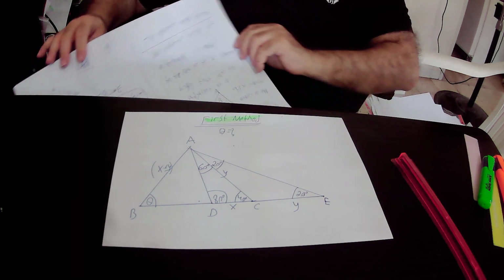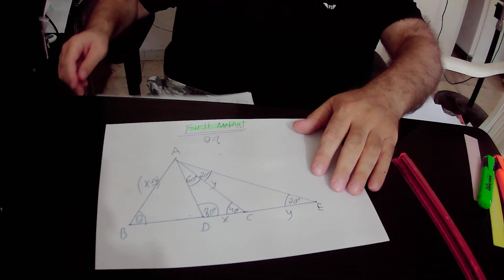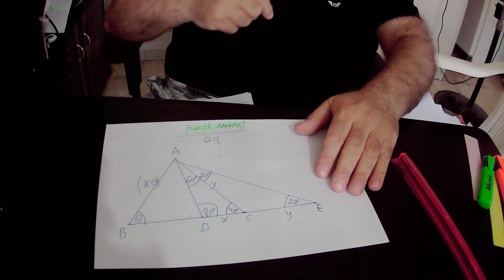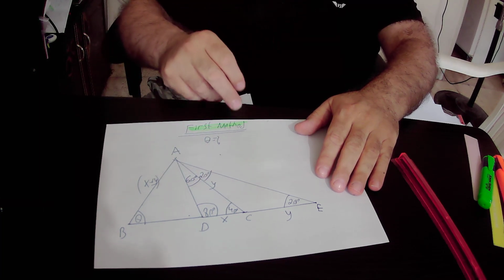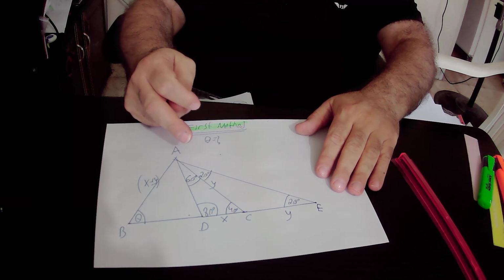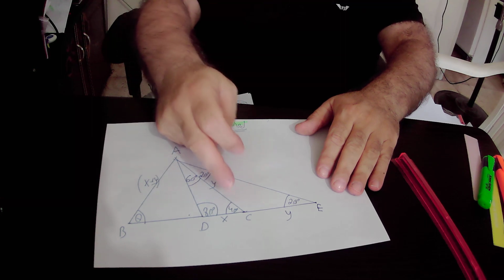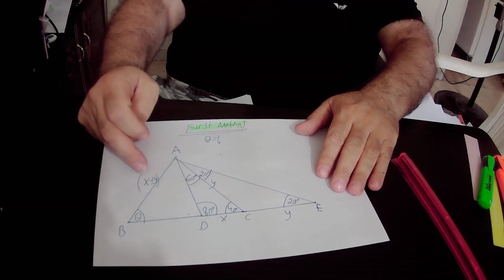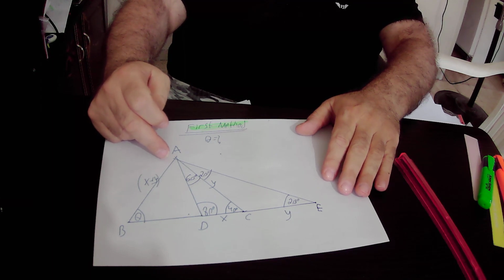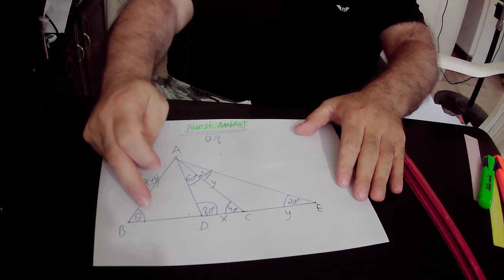This angle actually equals angle ADC, 80 degrees, and side CE equals y, side DC equals x, side AB equals x plus y, and our mission is to find the value of angle ABC, which is equal to theta.